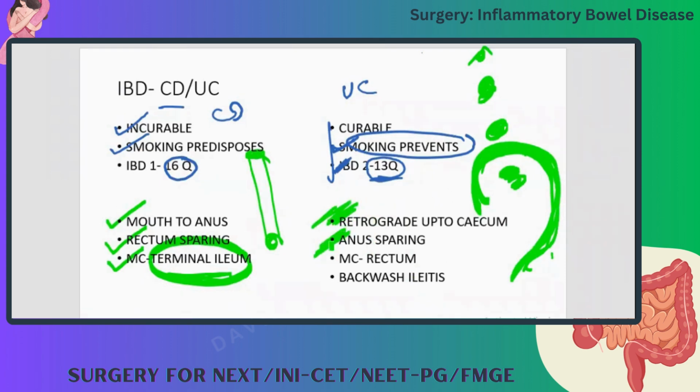Anus is spared here. Got it? Got it, sir. The most common is rectum. There the rectum is not involved; here rectum is involved, and it is the most common thing. And there will be backwash ileitis. Ileum is sometimes involved because of the backwash, because of some obstruction.